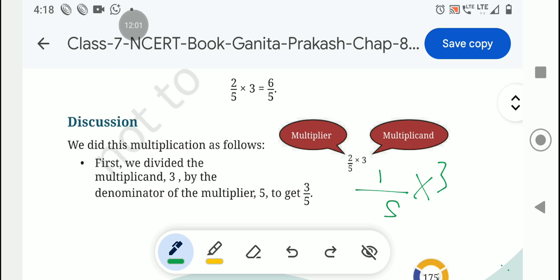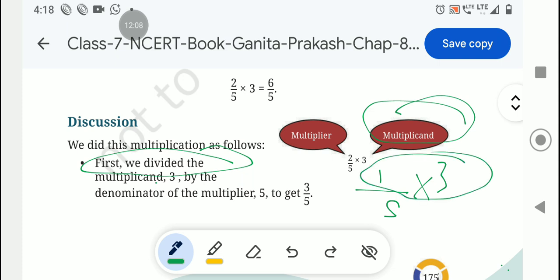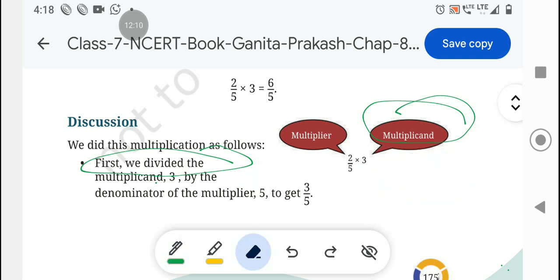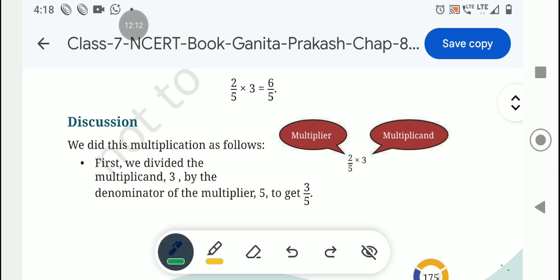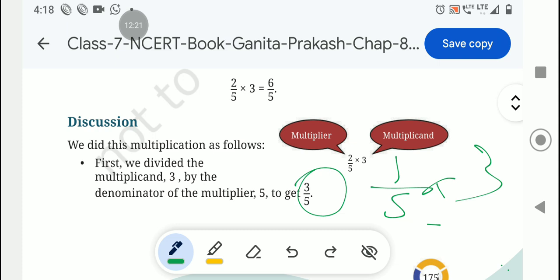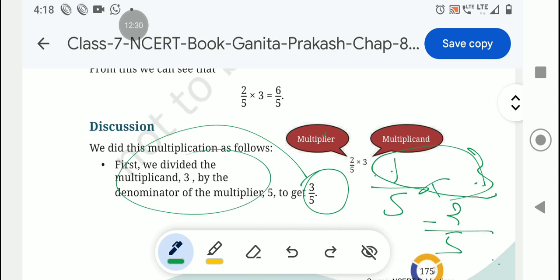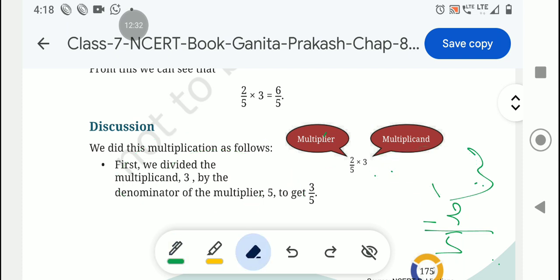So here they are telling first we divided the multiplicand, which is this, by the denominator. To get 3/5, first we multiplied 3 into 1, 3 we got, and the answer we got in a simple way. Now how we get that, they have given in a brief explanation.